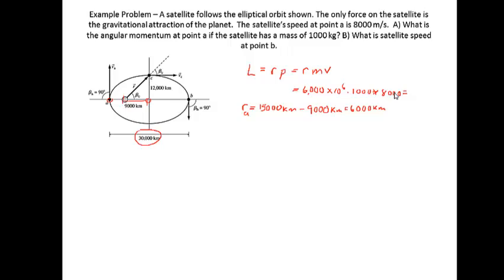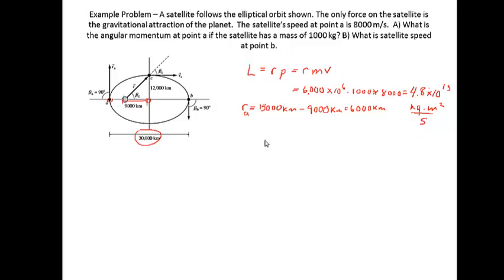Multiply all those numbers: 4.8 times 10 to the 13th. And the units are kilogram meters squared per second. So that's the angular momentum.